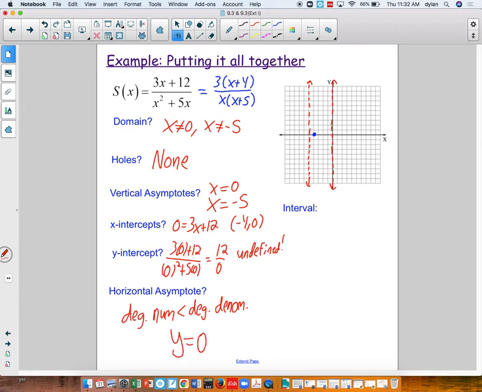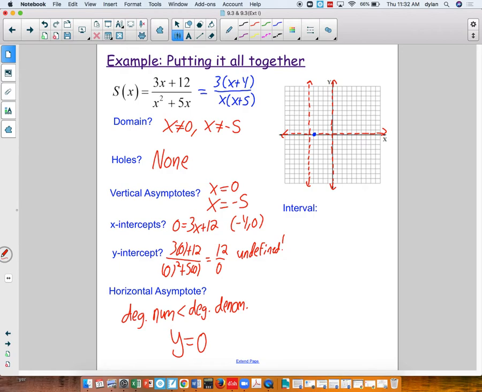So I'm going to sketch in our horizontal asymptote as well. And you'll notice that we have a point on our horizontal asymptote, which might seem weird, but we talked in 9.2 about the fact that the horizontal asymptote really only applies at the end behavior, when x is infinity or negative infinity. So it's actually okay that our function might cross the horizontal asymptote in the middle.